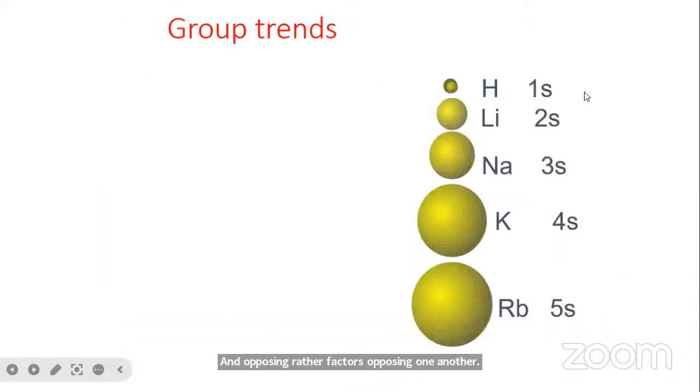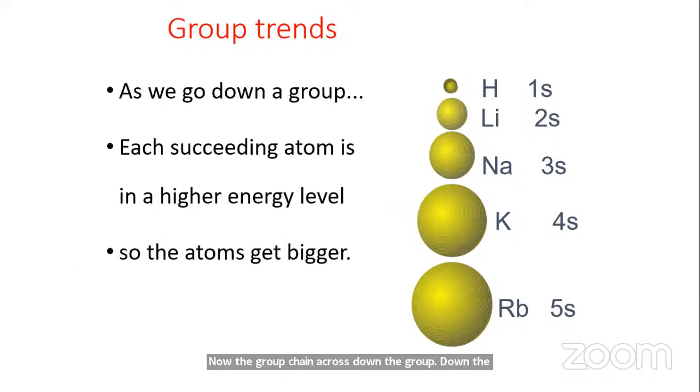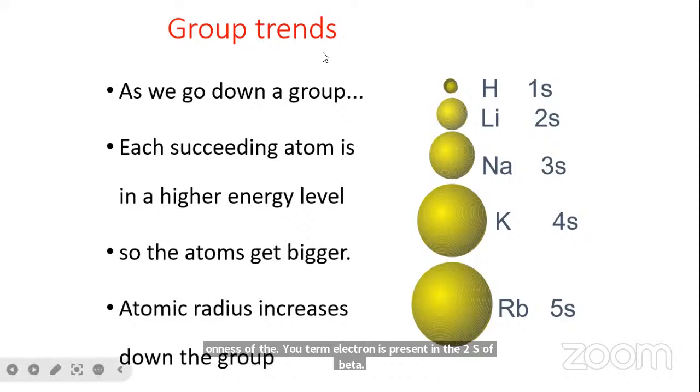Now the group trend, across down the group. As we go down the group, we find out that each atom is in a higher energy level. For instance, in group 1, we have hydrogen. Hydrogen's electron is present in the 1s orbital. Lithium's electron is present in the 2s orbital. Sodium's electron is present in the 3s orbital.